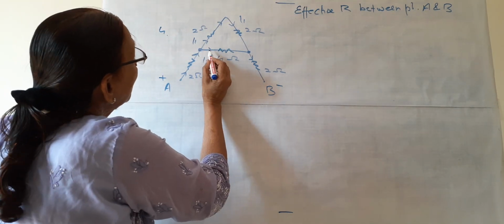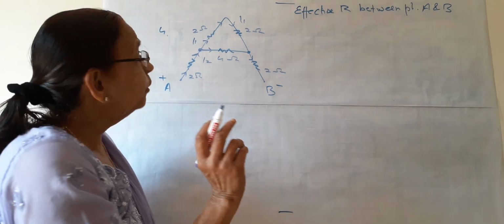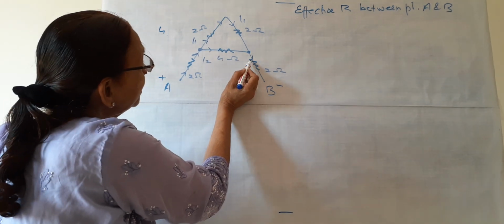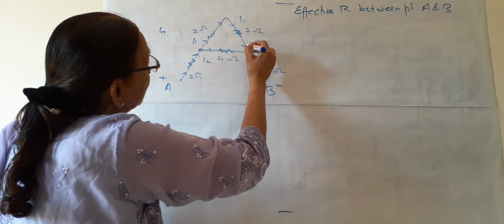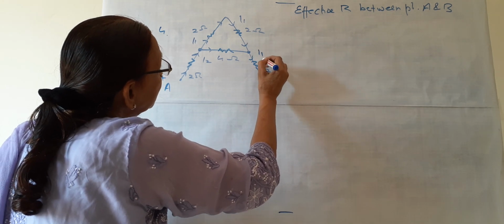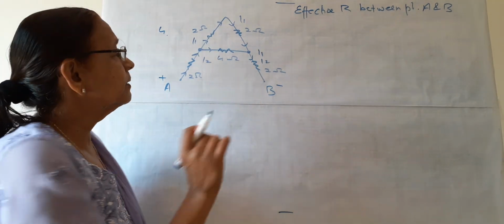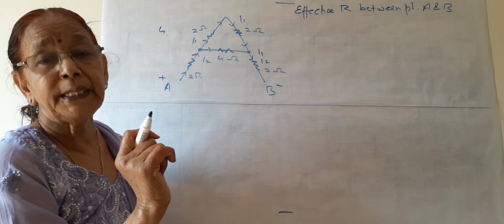So this current I2 which is coming here will go towards the lower potential. This current will come here. Likewise this I1, it is coming from this junction. This I1 and I2 both will come through this resistor to B dash.